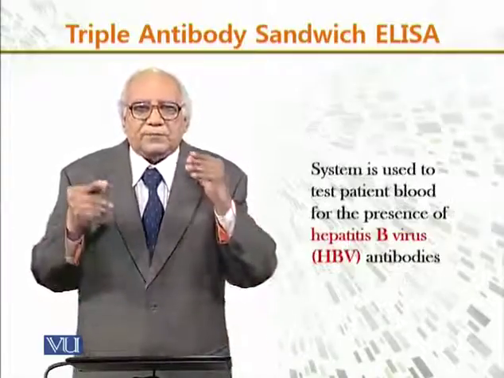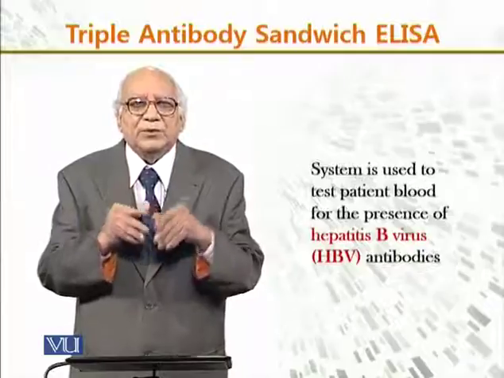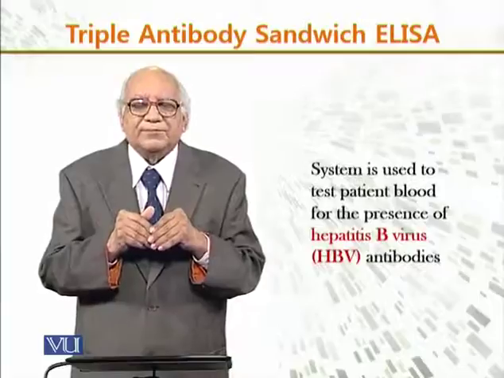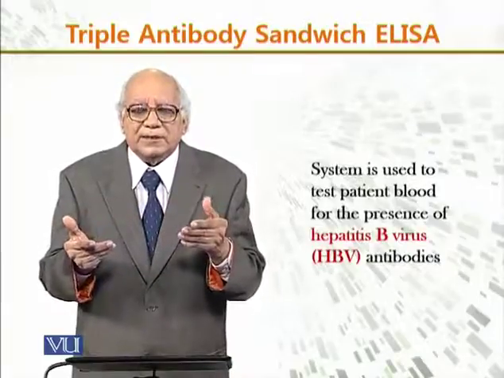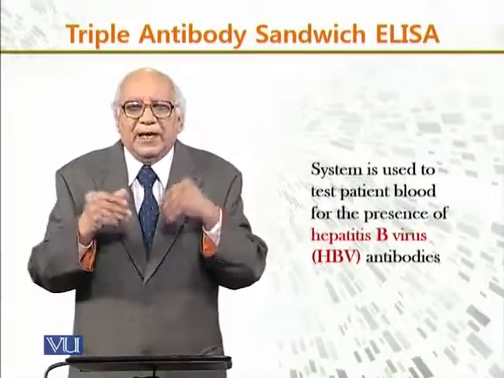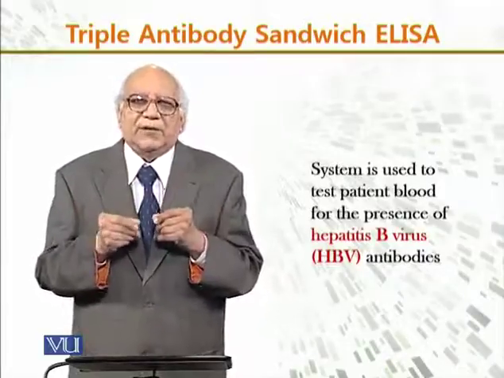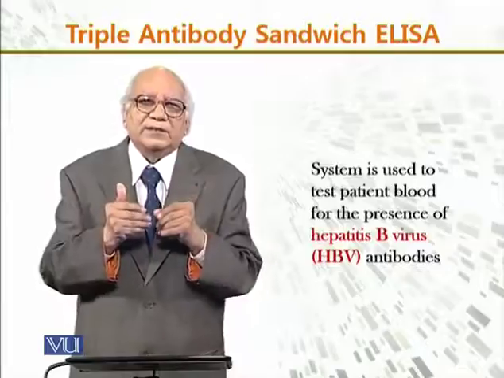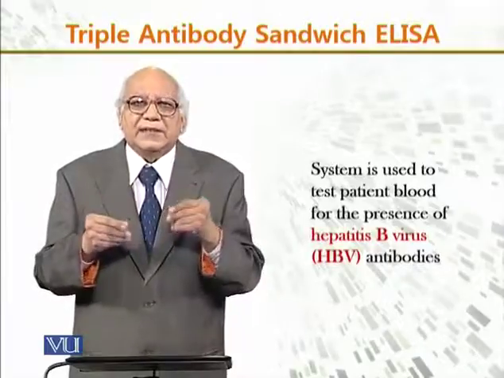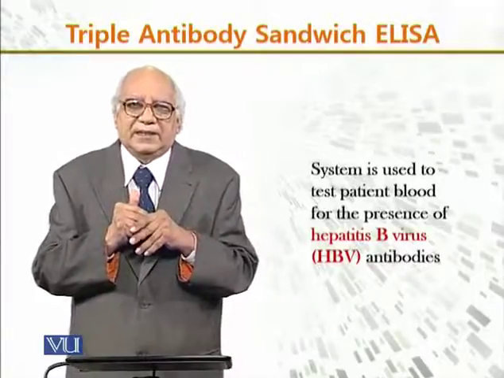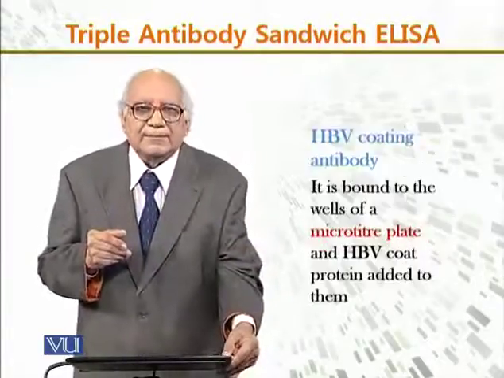Now, this system is used to test patient blood for the presence of hepatitis B virus, for example HBV. The antibodies produced against the HBV virus can be checked by the indirect ELISA method.